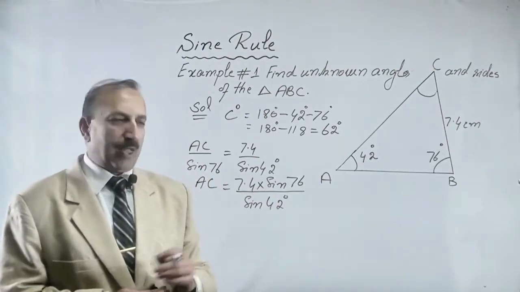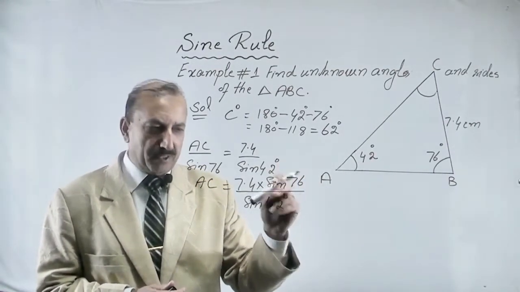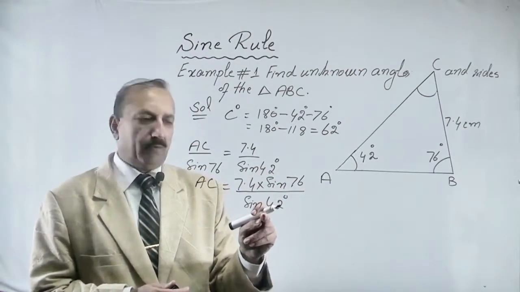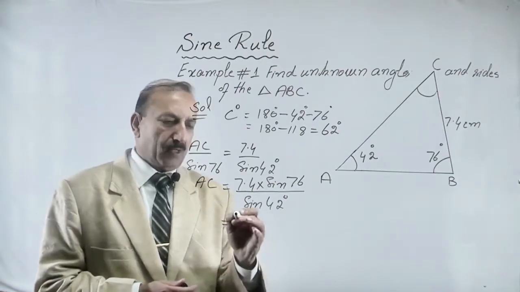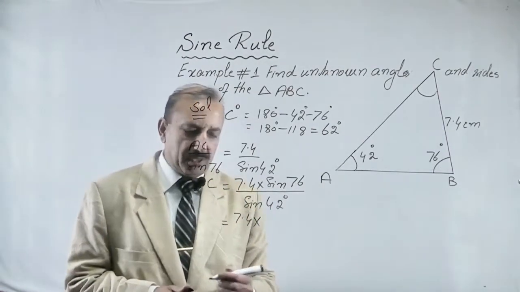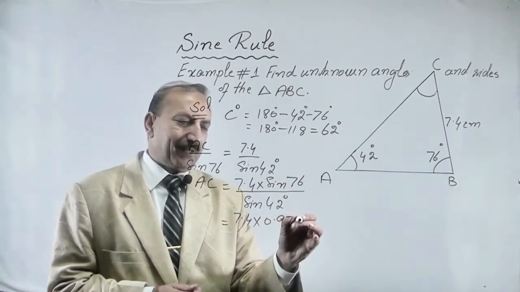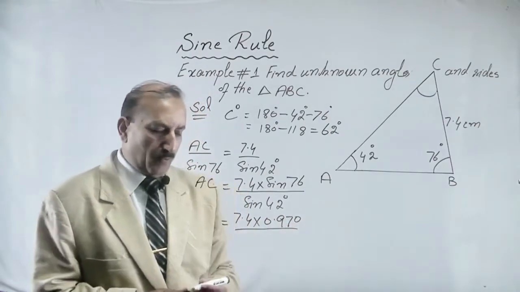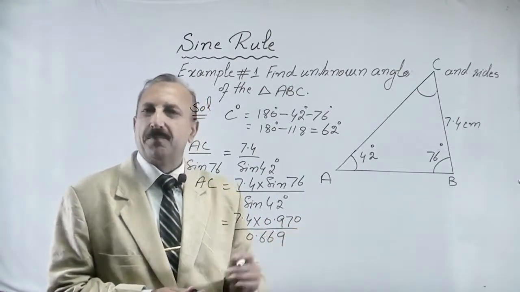Now with the help of calculator, we will pick the value of sine of 76 and sine of 42, and then we will carry on simplification. This is 7.4 into sine of 76, which is 0.970, and sine of 42 is 0.669.